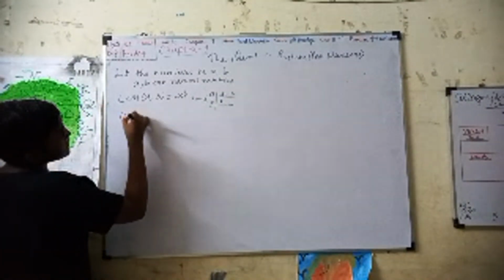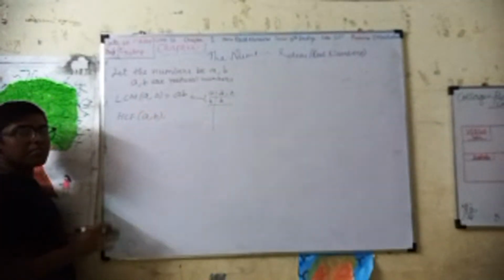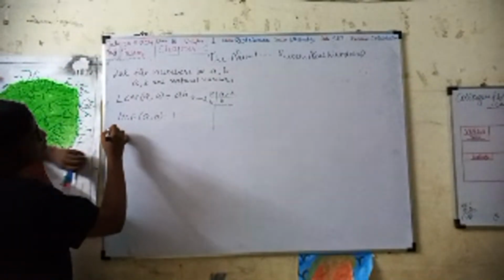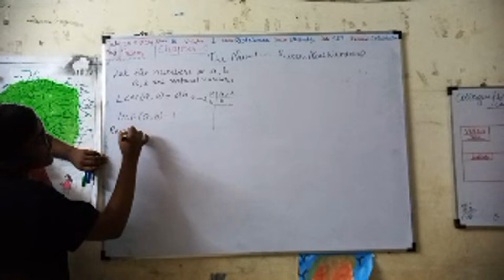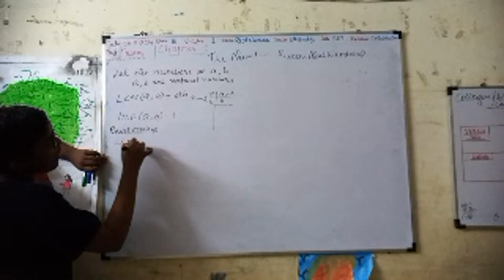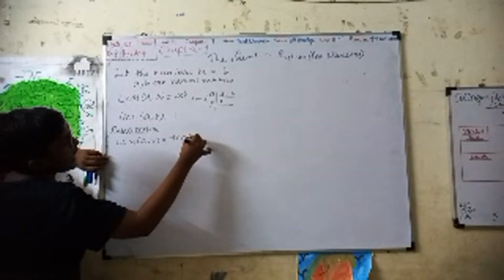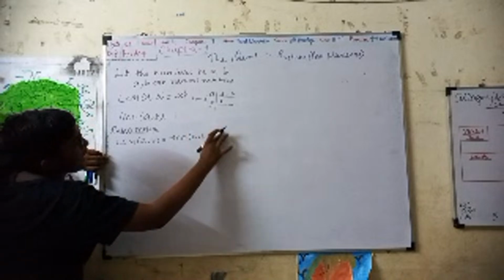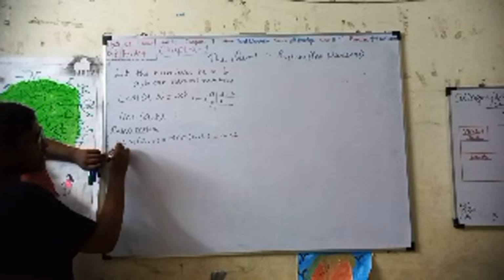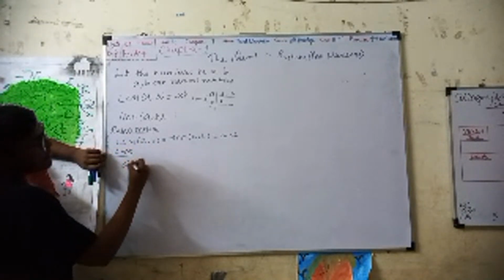Next, HCF of A, B. Both numbers go in only one table, 1. So what is the relationship we know? LCM of A, B into HCF of A, B equals A into B, the product of two numbers. So LHS, what is LCM of A, B? AB.